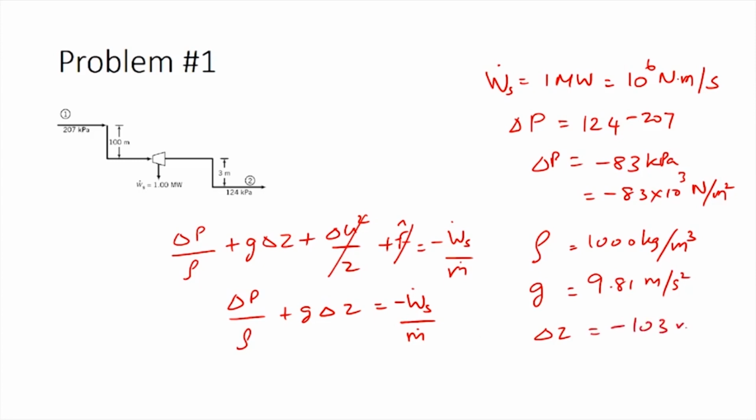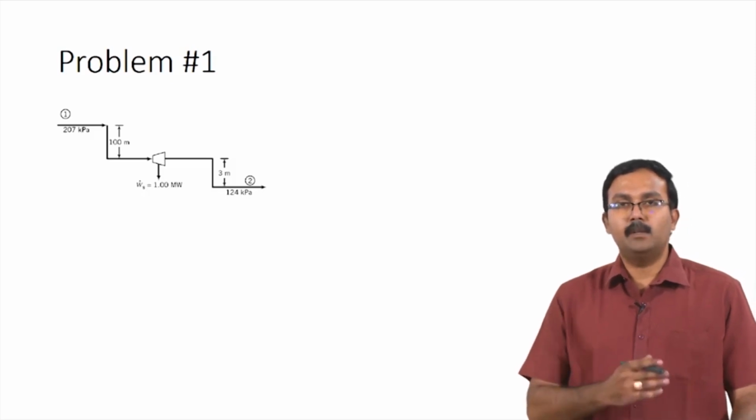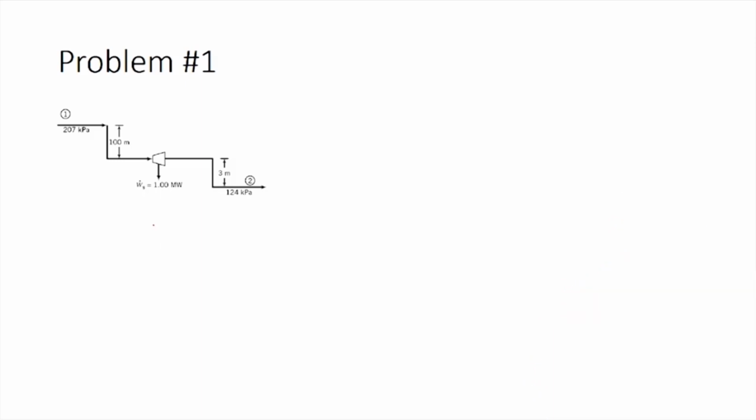Delta z, the total change in height, is equal to minus 103 meters. With this, we can substitute all the values back into the equation for mechanical energy balance, which is delta P divided by rho plus g delta z equals minus Ws dot divided by m dot. So, delta P we had calculated as minus 83 times 10 power 3 divided by density, which is 1000.